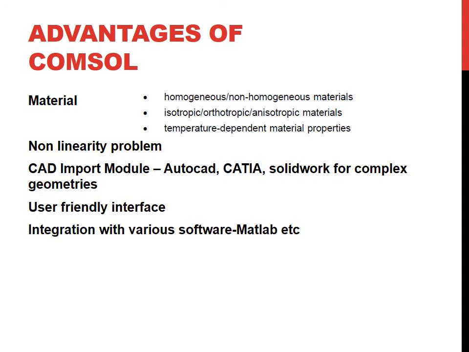We can import drawings from other software, let's say CAD software, for example AutoCAD, CATIA or SolidWorks, which is more convenient to draw complex geometry. So we can just import the structure to COMSOL to do the calculation. It has a user-friendly interface, and it can also be integrated with other software like MATLAB, Excel, etc.